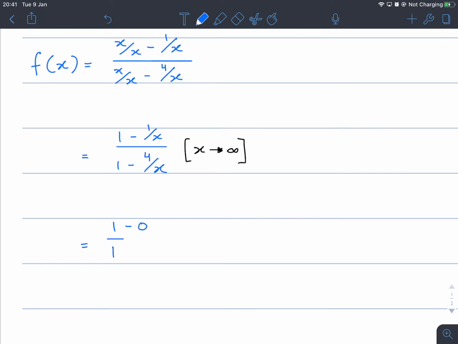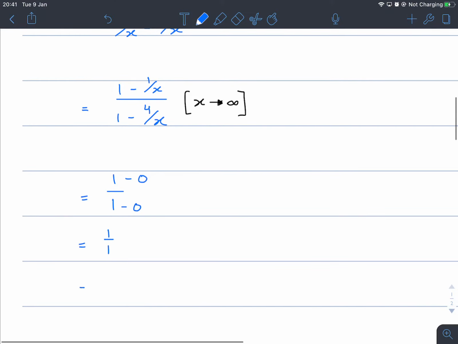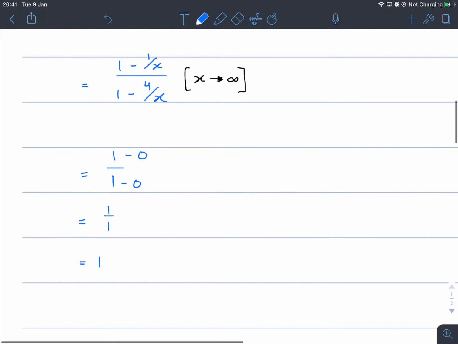It gets so small that it's practically 0. In the same case for this, that's going to be minus 4 divided by a very large number, that is also 0. So this leaves us with only 1 over 1, and our horizontal asymptote is going to be at y equals 1.